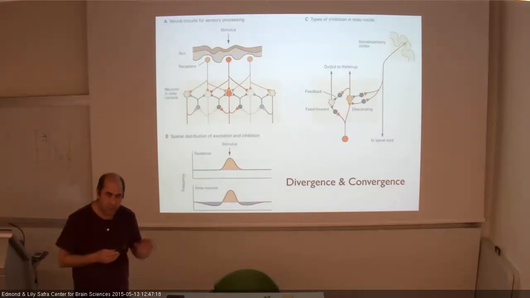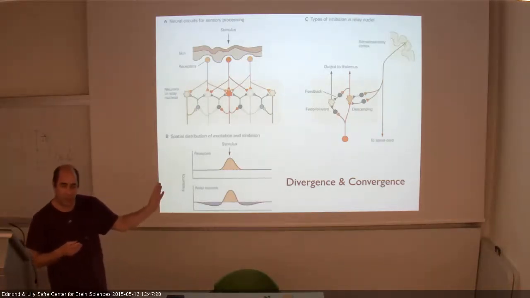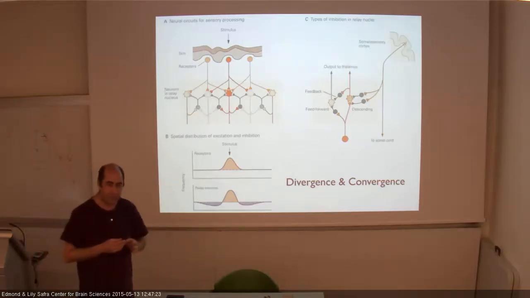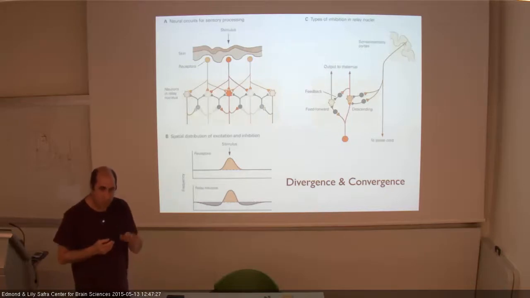So first of all, these ones don't have spines usually, because inhibitory neurons usually don't have spines. Spines are almost always for excitatory synapses, and only on excitatory neurons. Second, a lot has to do with the size of the neuron.